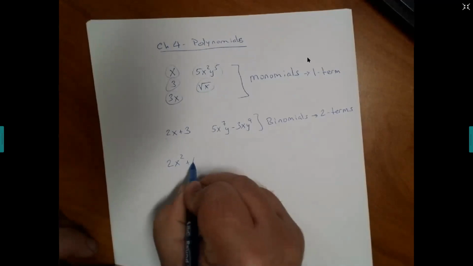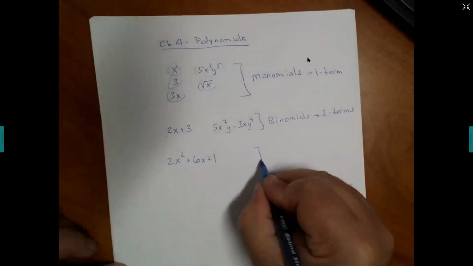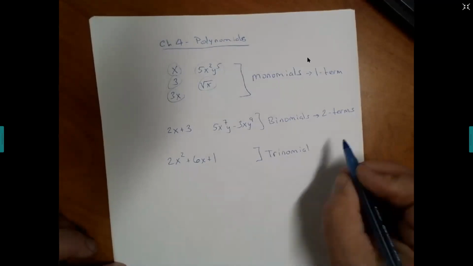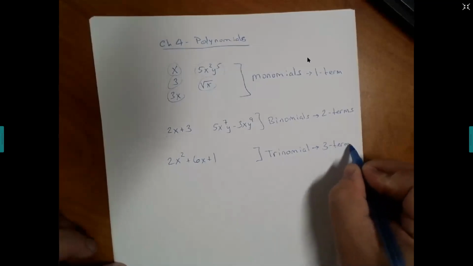2x squared plus 6x plus 1 is called a trinomial because it has three terms.